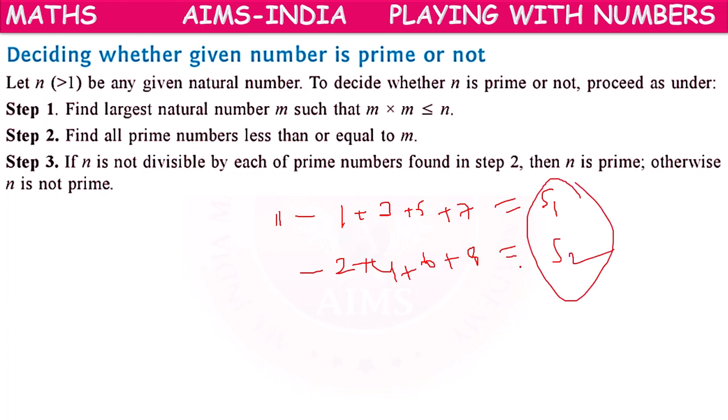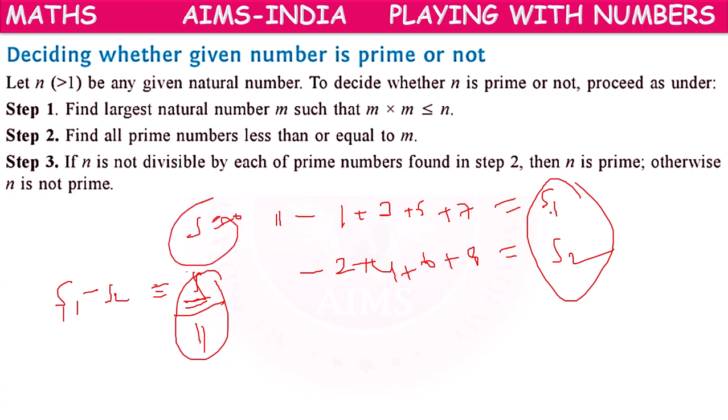The difference of these two, S1 minus S2, suppose this is S. If this S is divisible by 11, then the total number will be divisible by 11. Or if this S is 0, the difference of these two is 0, then also it is divisible by 11.